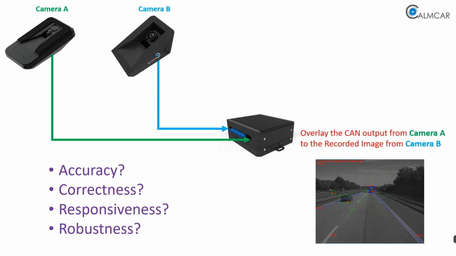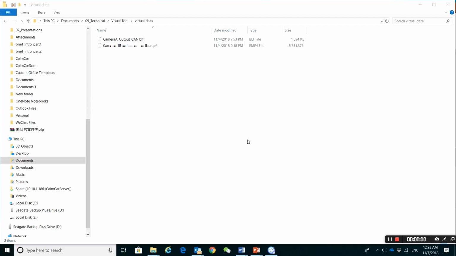Now let's take a close look at how the CalmCar benchmark software works. Before we launch the benchmark software tool, let's go over the data we have just brought from the vehicle back to the office. In this folder, we see two data sets. One is the raw video data recorded by camera B, and the other one is the CAN output file we received from camera A. Now let's launch the CalmCar benchmark application.